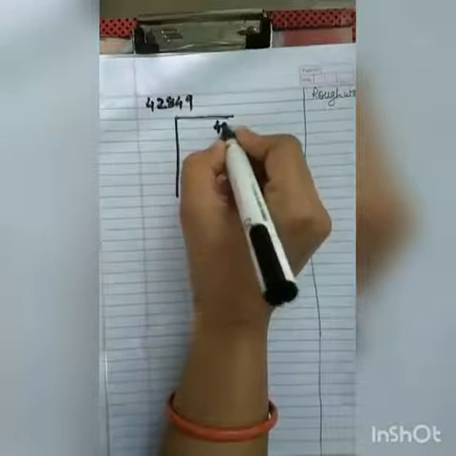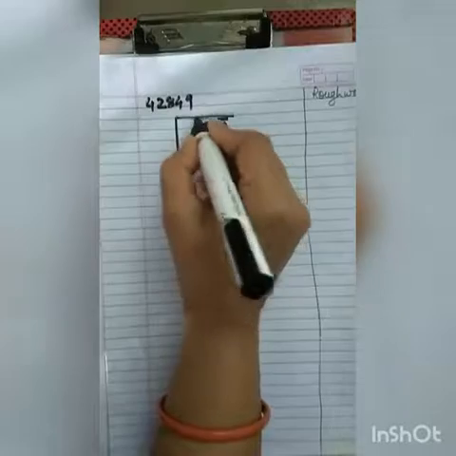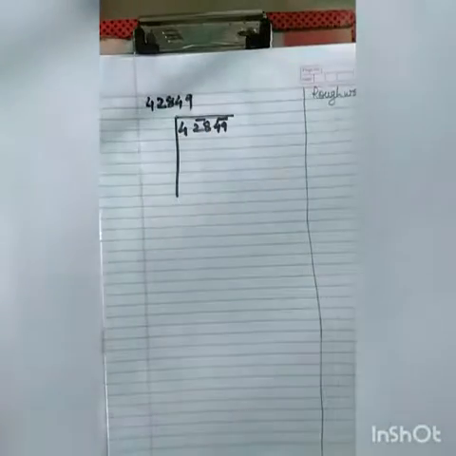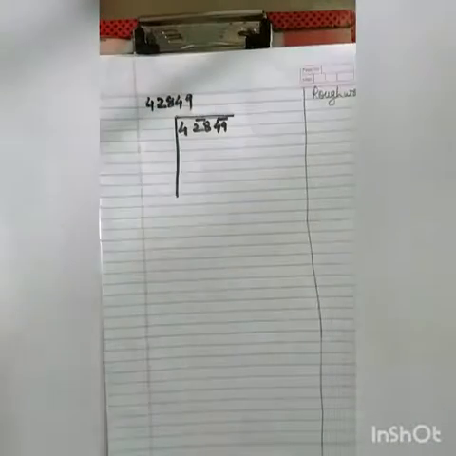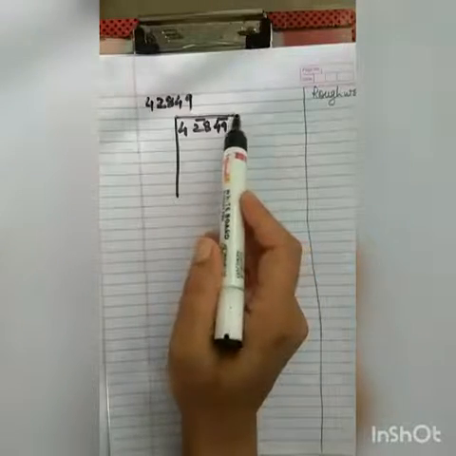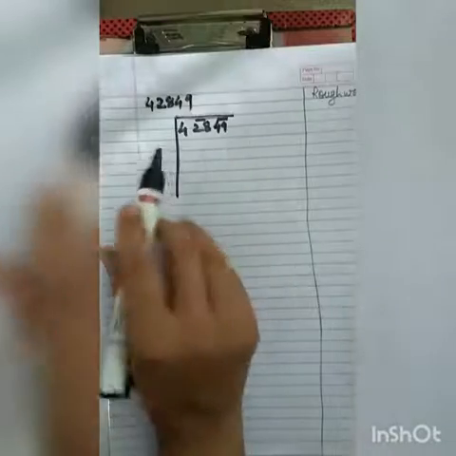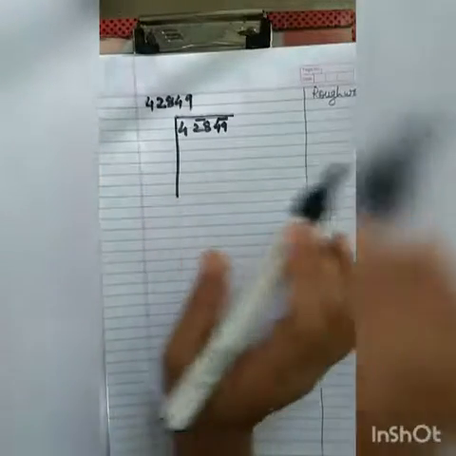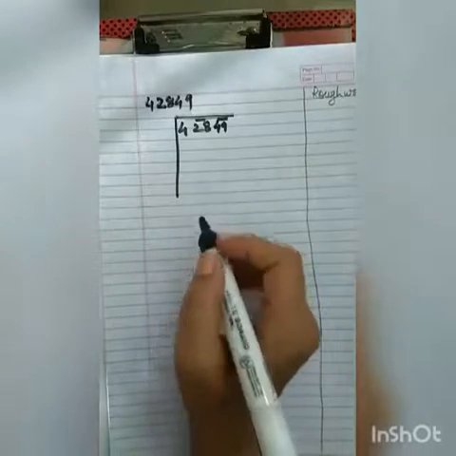It will be 49, then 28 will be a paired number. Now this 4 remains alone. No problem if the highest place remains alone. The main thing is that from the back side, from the smallest place value side, we have to pair. If the highest place remains unpaired, then there is no problem. We can solve it the same way. But the ones place should be a paired number.